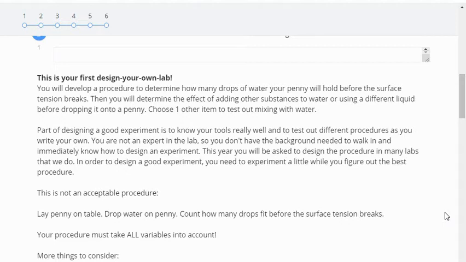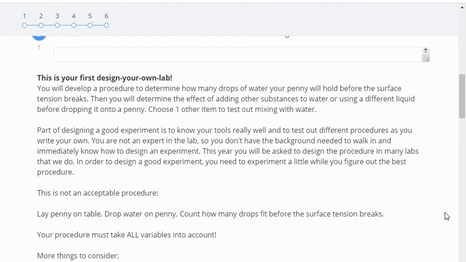So they're not collecting data that they care about during that time, but they're testing out different procedures to eliminate those confounding variables and to make sure that the data they're going to get works. Okay, so whenever you do have to design an experiment, there will be some time for you to play around with the equipment and see what's there, figure out what you want to do and really make your experiment good.